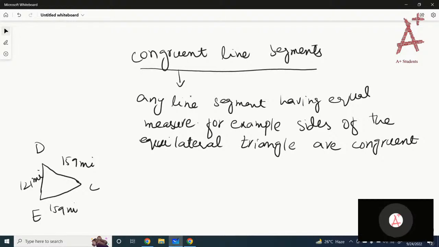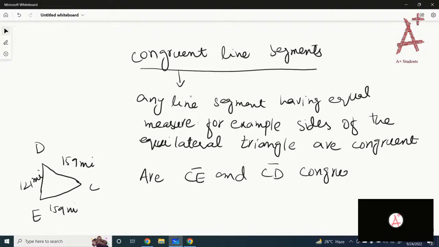Okay, so the question is, are CE and CD congruent? So look at the diagram, compare CD and CE. CD is 159 miles and CE is 159 miles. So both of them have the same length. That means they are congruent. Got it?